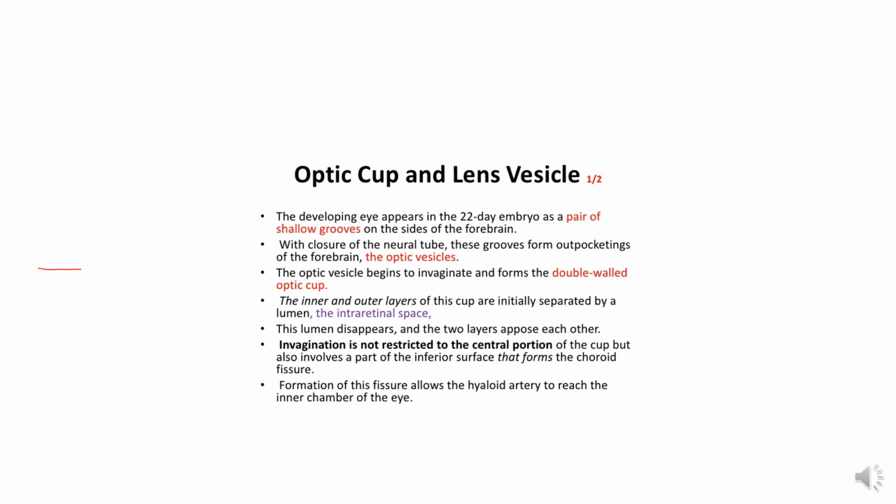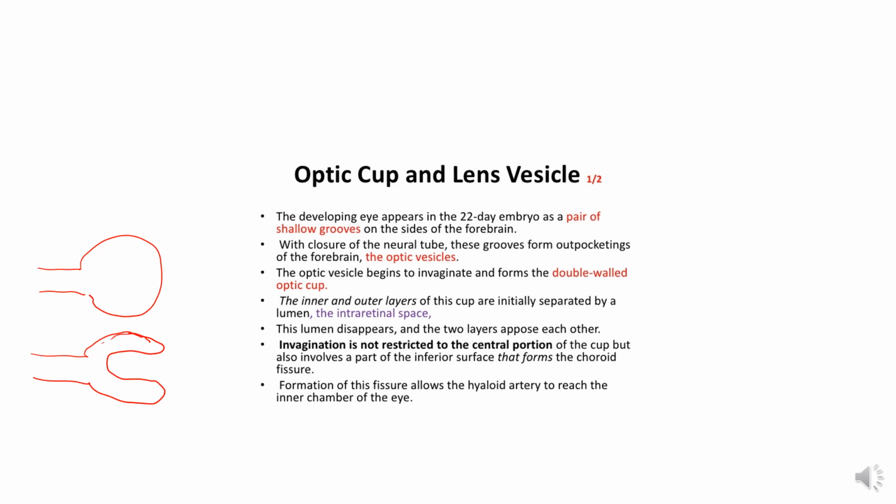So this was the optic stalk and optic vesicle. Then due to invagination, this optic vesicle forms a double-shaped cup structure, known as the optic cup.